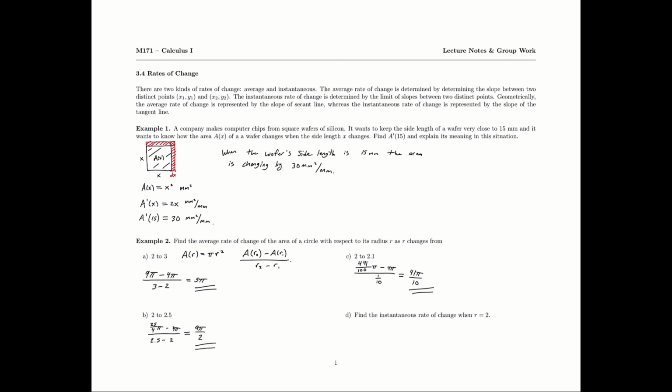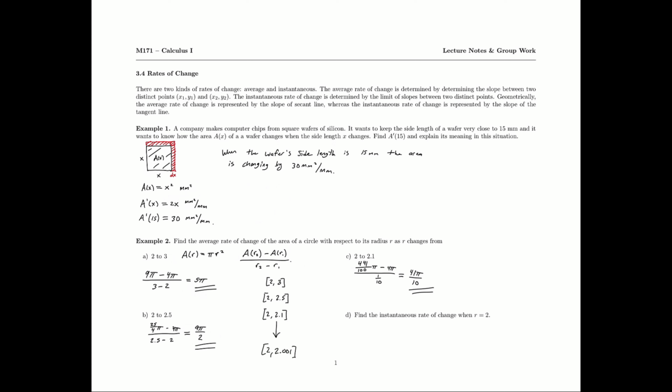So effectively what we did was we took a bunch of averages. We went from 2 to 3, then we did an average from 2 to 2.5, and then from 2 to 2.1. And we could have kept going, to 2 to, let's say, 2.001.